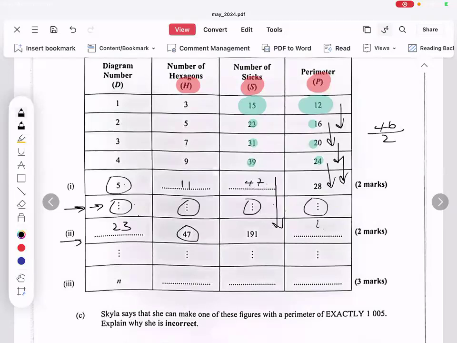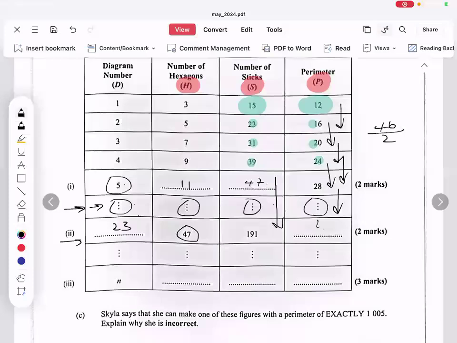So the number of sticks goes up by 8, but that one is there already, the 191. The other one is going up by 4. Yes, that's the perimeter side, the side that we need now. All right. So we have to go find our relationship now.